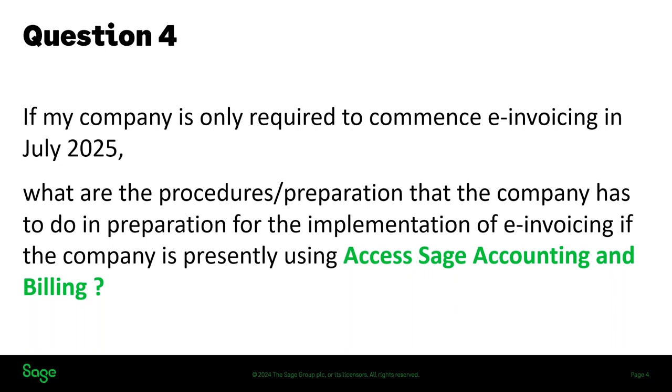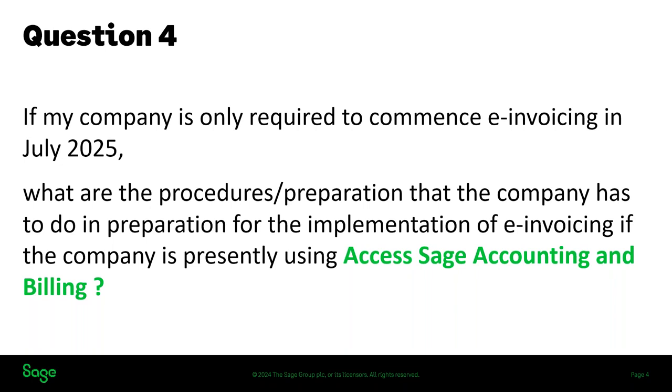Question: if my company is only required to commence e-invoicing in July 2025, what are the procedures and preparation the company has to do for the implementation of e-invoicing if the company is presently using Careware-Sage accounting and billing? I can only speak to that in a general sense, and the general sense is the preparation of collecting information about your customers: what their PEPPOL ID is going to be, what their TIN number is, or SST numbers, and all those different components.